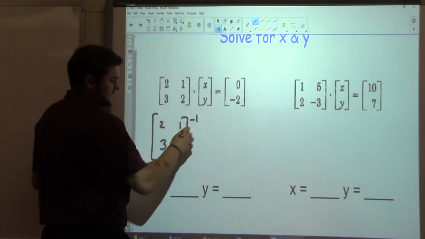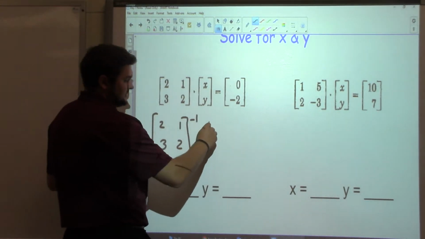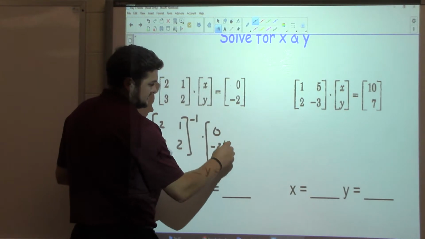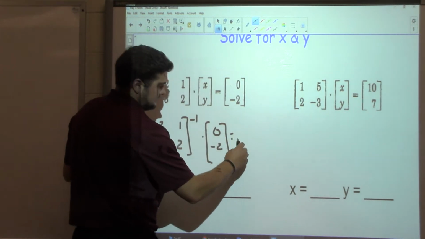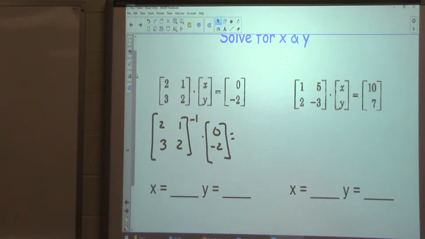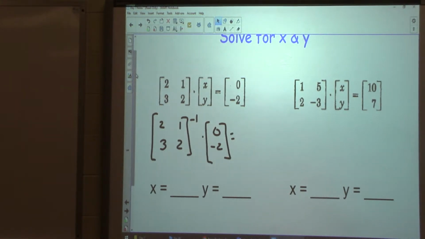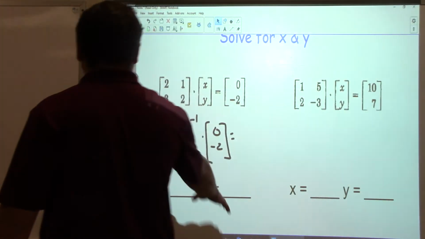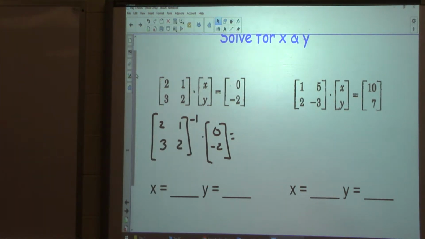Now the inverse of it times my constant matrix, [0; -2]. Alright, do it in your calculators. Let me know what you get. Like I said, guys, make sure you write down what you're putting in your calculator or it's going to get marked wrong.